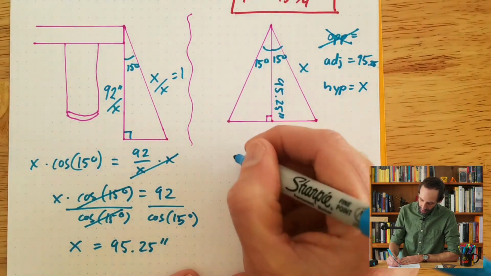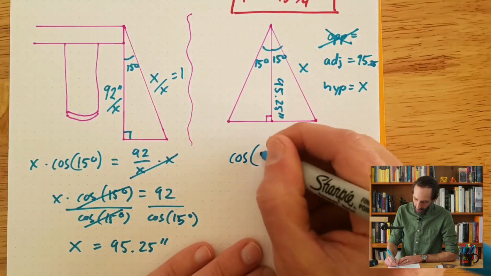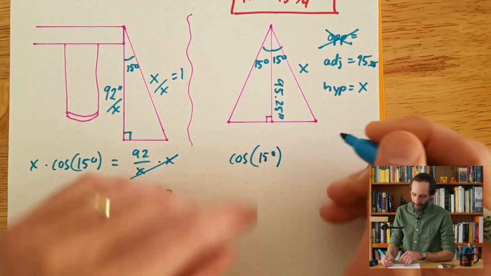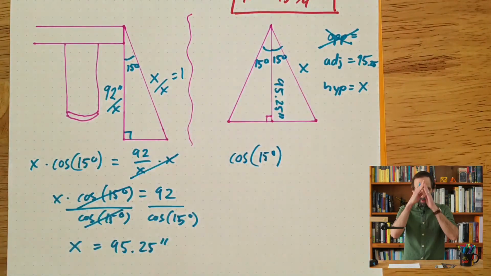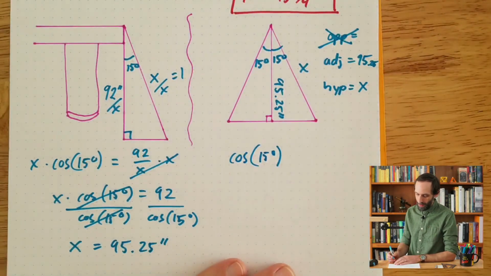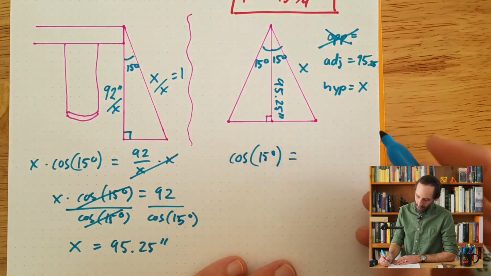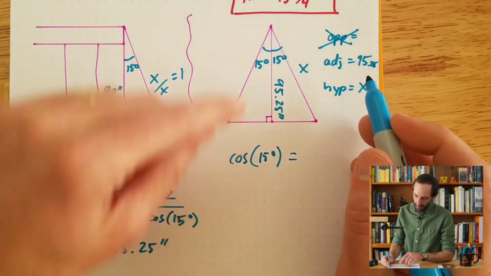So let's set this up. The cosine, once again, of 15 degrees, because I decided to set it up as 15 degrees from vertical on both sides, meaning this is a total of 30 degrees. So the cosine of 15 degrees is equal to the adjacent.